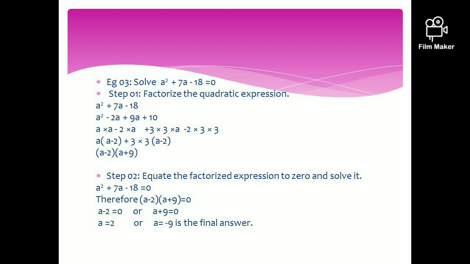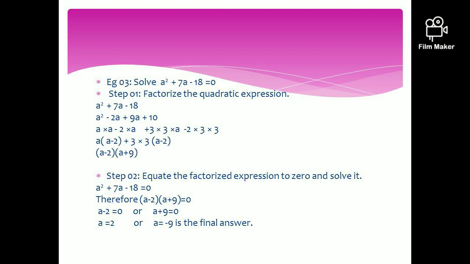Then if you expand the individual terms, you obtain a into a, minus 2 into a, 9a as 3 into 3 into a, and minus 18 as minus 2 into 3 into 3. Remember that when writing the factors, try to write them as prime factors. It's easier to obtain the common factors. I told you the same fact in the previous videos.